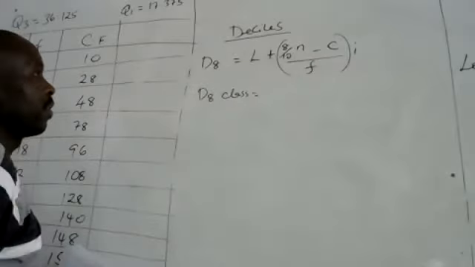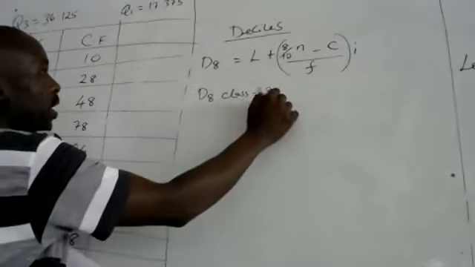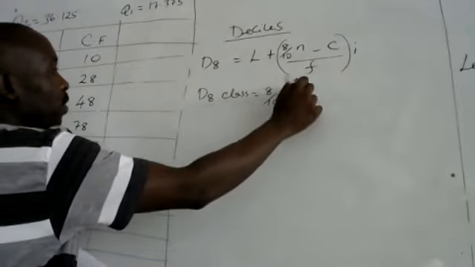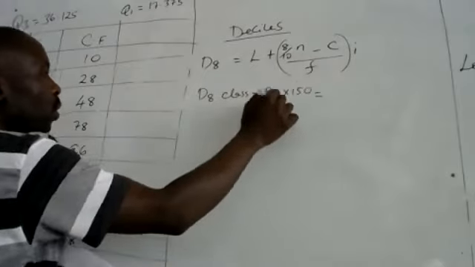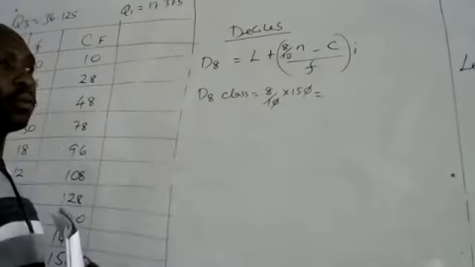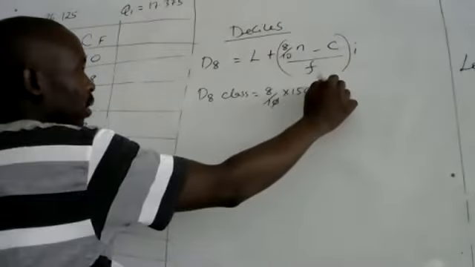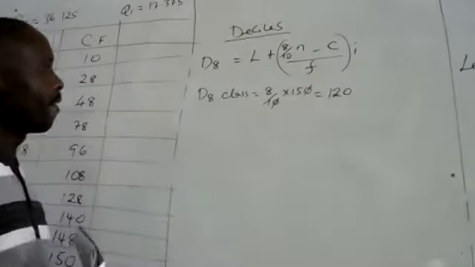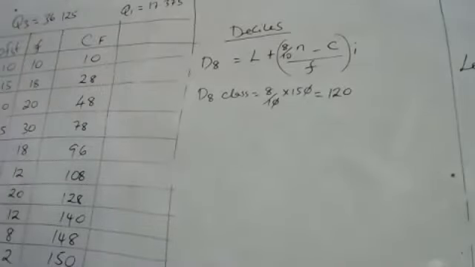The D8 class is going to be given by 8 over 10 times 150, which will be equal to what? 15 times 8, 120. Where is our 120? 120 will fall here, where we have 128.